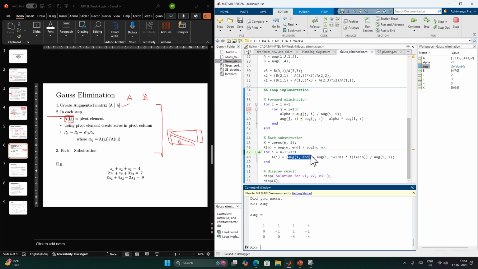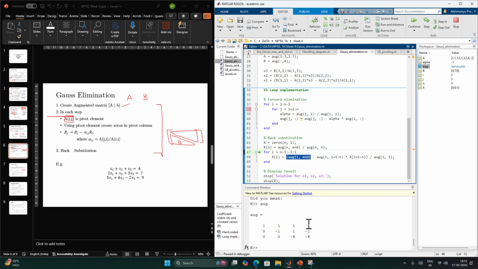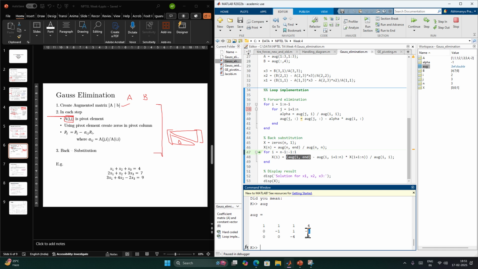So this will give me this element. Okay. So my I would be 2, and with n, I am getting this element, the second element, the last element of the second row. Then I am multiplying I plus 1 to n.